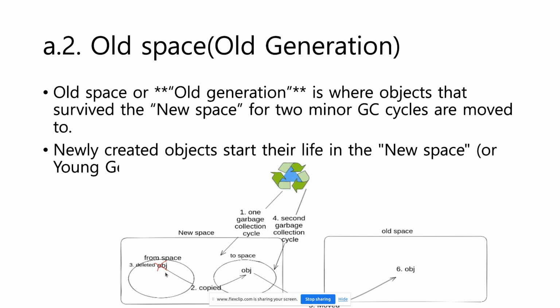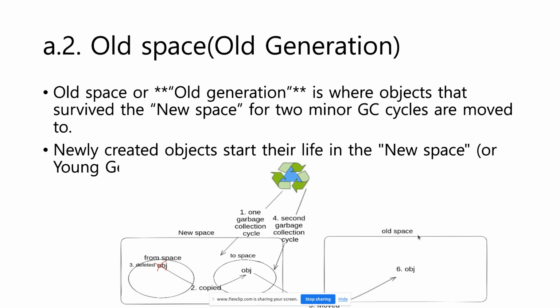If there's a GC and the object is still being used, we copy it and put it in the to-space. And third, it's removed from the from-space. And second, if it is still being used after another GC, we put it in the Old space. So Old space is the one for objects that survived from the new space.